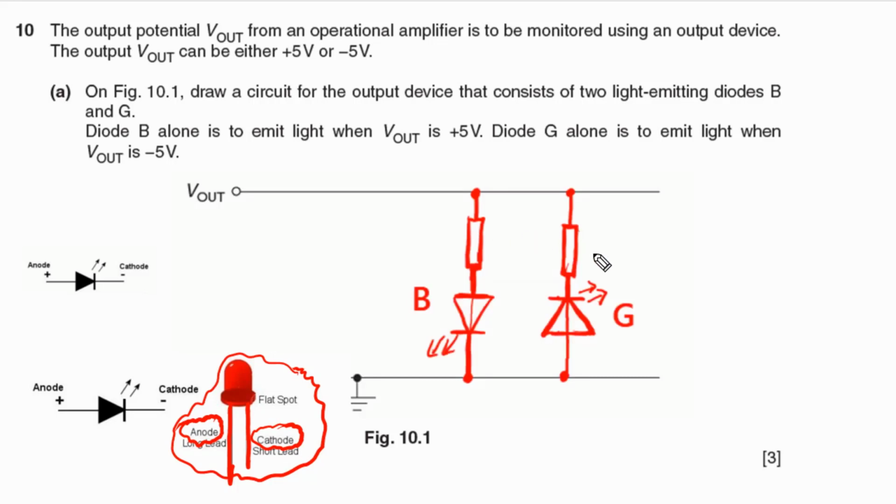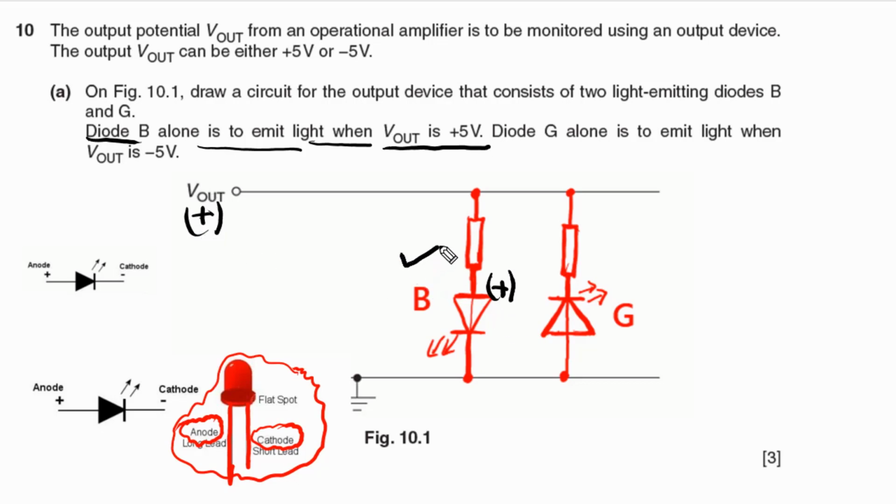As you can see here, I have already drawn this circuit, so let me explain it so you can have a better understanding. For diode B, it was given to us that diode B has to emit light when V out is positive 5 volts. It simply means that when V out is positive, the positive end of the LED is connected with V out positive.